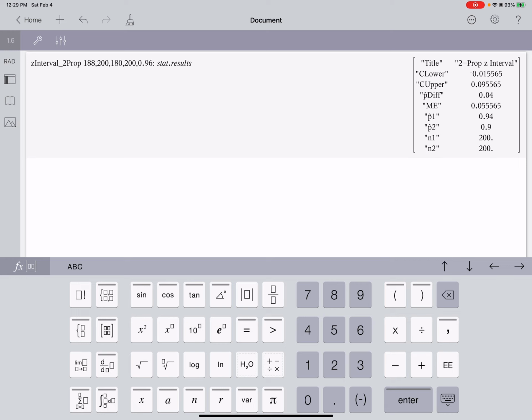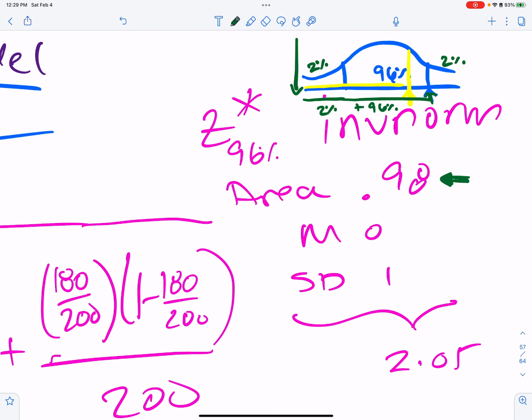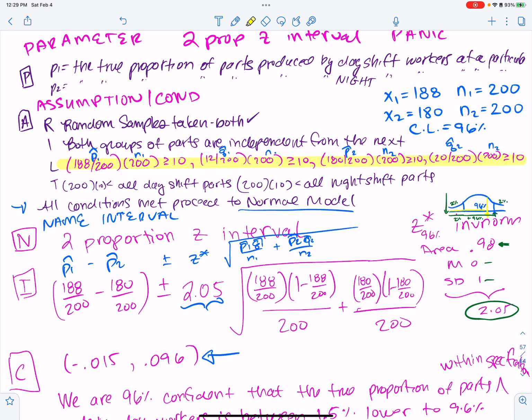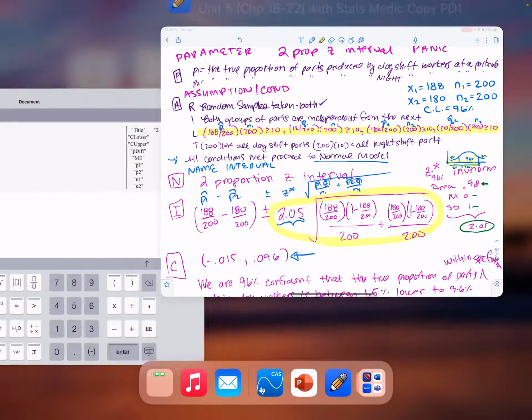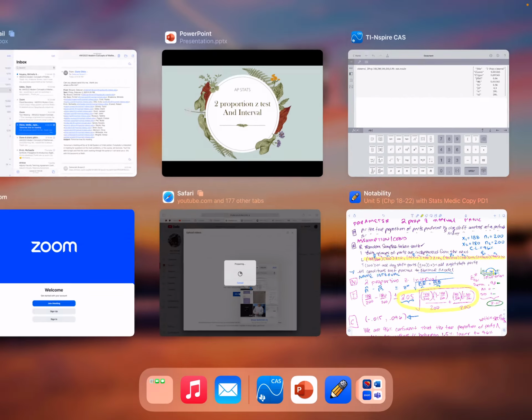It was completely programmed to know that I'm looking for that center 96%. Inverse norm is not programmed to do that. It's programmed to start from the very beginning. Anyway, so that's how I get 2.05. Mean is 0 and standard deviation is 1, because for Z scores, my mean is always 0 and my standard deviation is always 1. The margin of error, this here that I'm circling, the plus or minus, if I did that math out, I would get that margin of error as 0.055565, what I got in my calculator.